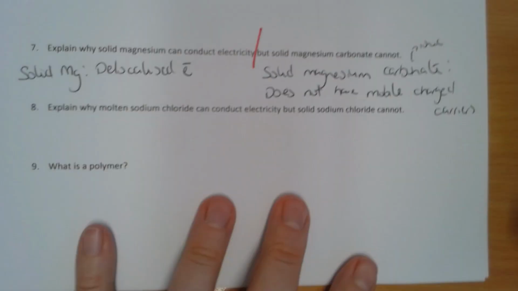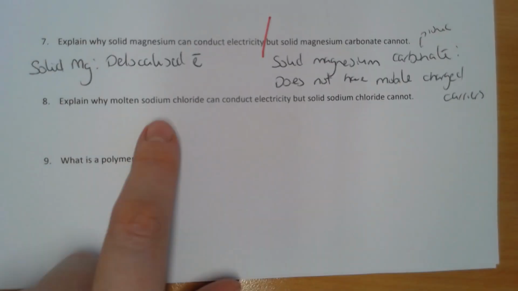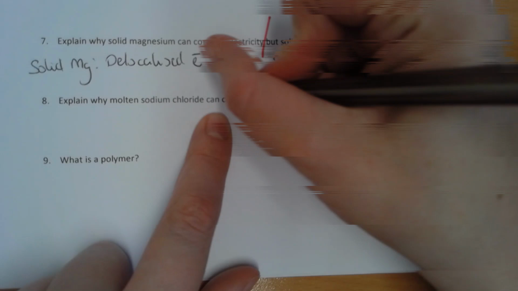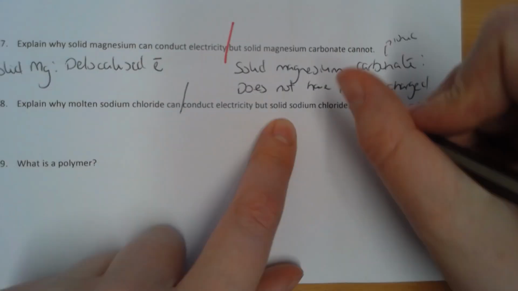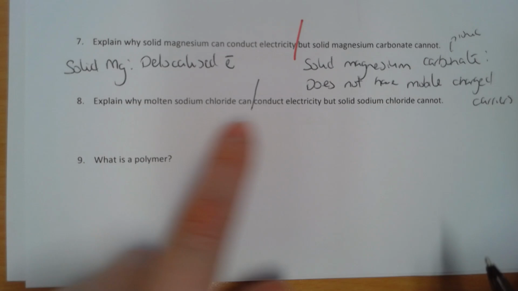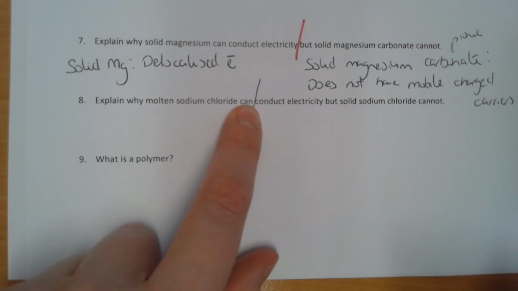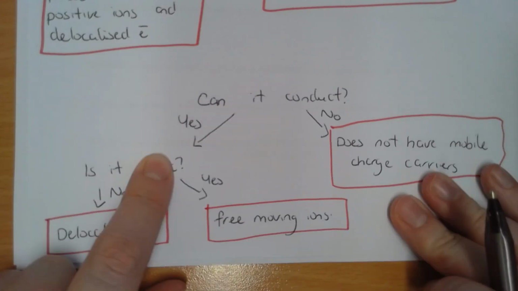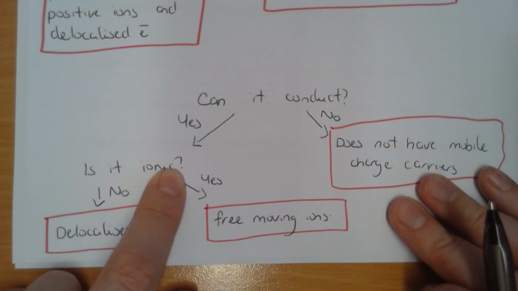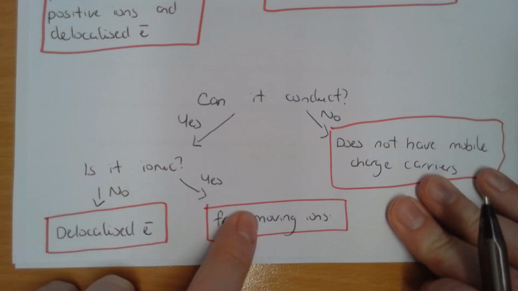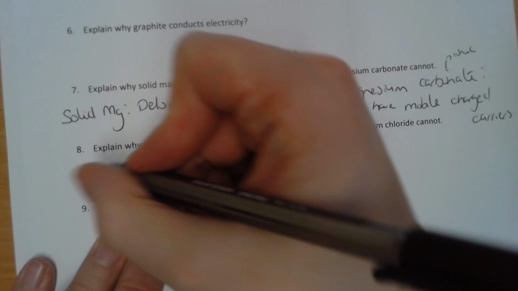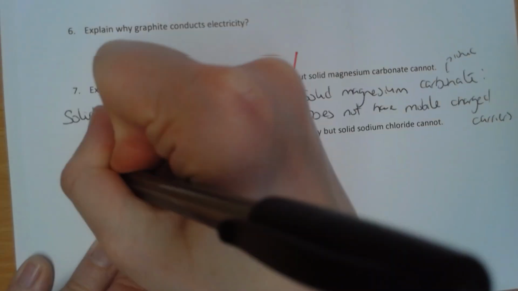Explain why molten sodium chloride can and solid sodium chloride cannot. So the first one can conduct, and it's sodium chloride. So can it conduct electricity? Yes. Is it ionic? Sodium chloride, metal and non-metal, is ionic. So the molten one has free moving ions.